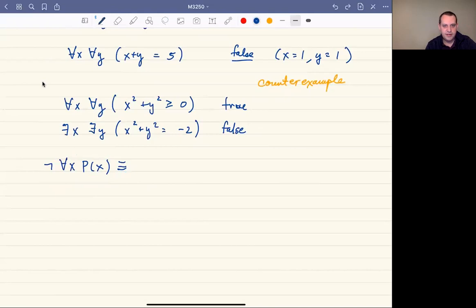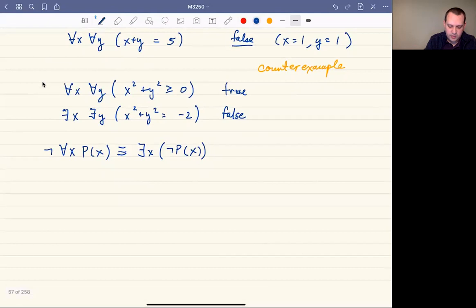That's really what it means to negate it. That's equivalent to saying that there exists some x such that P of x is false. In order for the for all statement to be false itself, there must exist a value where P of x fails. In other words, there exists an x such that not P of x. So this is how we're going to negate for all statements.